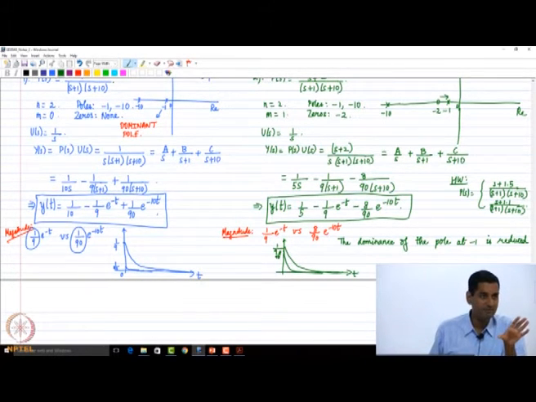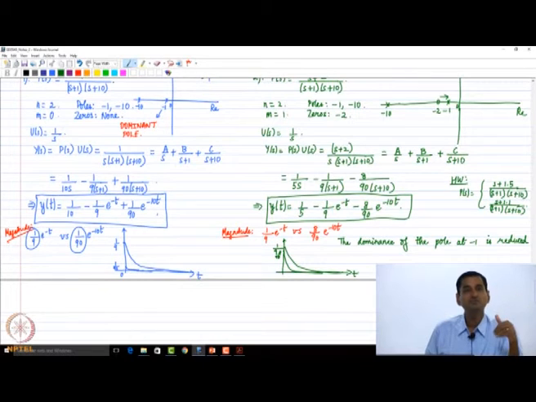If you calculate y of t, the step response function, whatever coefficients come in that response function are going to be affected by the zeros. And if you have a zero closer to a pole that is dominant, the dominance of that pole is going to be relatively reduced.